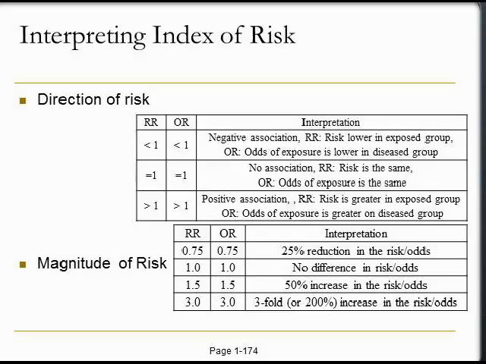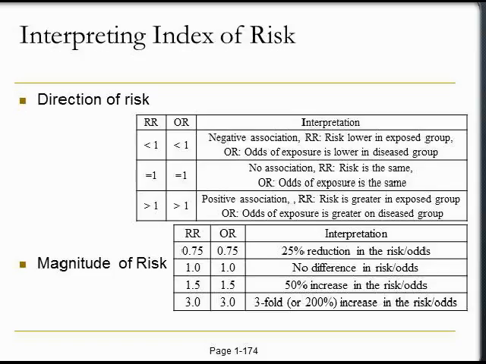A relative risk or an odds ratio of less than 1 means there's a negative association between what we're investigating. Equal to 1 obviously means that there's no association, there's no increased risk. Whereas a relative risk or an odds ratio greater than 1 implies a positive association.